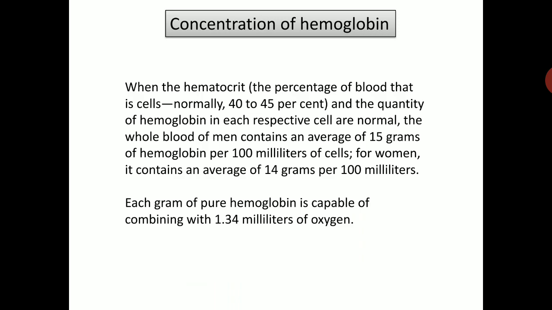The whole blood of men contains about 15 grams of hemoglobin per 100 ml of cells. For women, it contains about 14 grams per 100 ml of cells. So if hematocrit is normal and the hemoglobin formation mechanism is normal, men will have about 15 gram percent of hemoglobin, and women will have 14 gram percent.